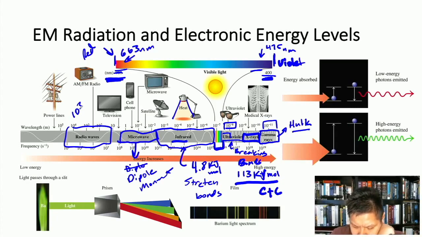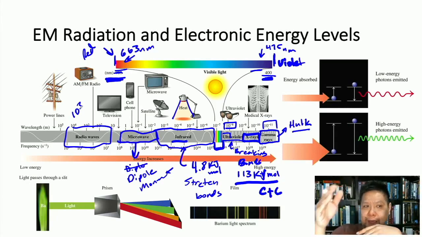The interesting thing when it comes to chemistry is that not only can a radio wave transmit sound, it's actually the perfect frequency to excite a proton and move it up to a higher energy level, and then relax it.